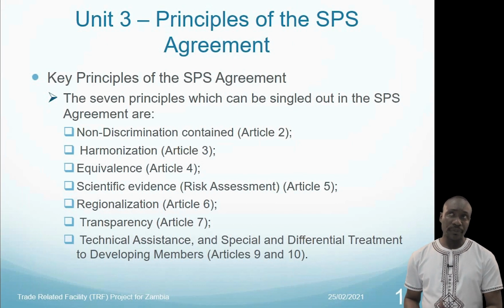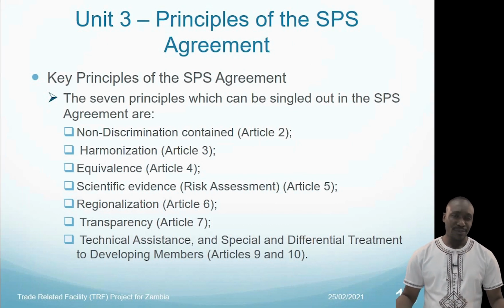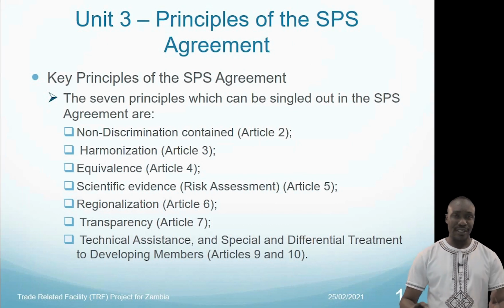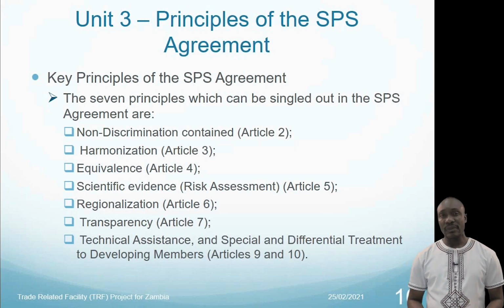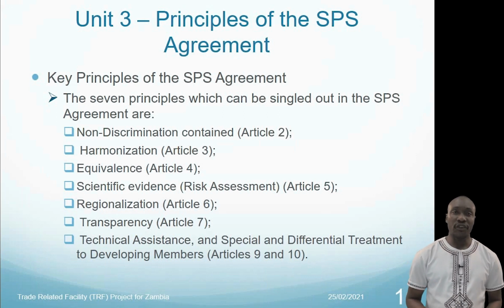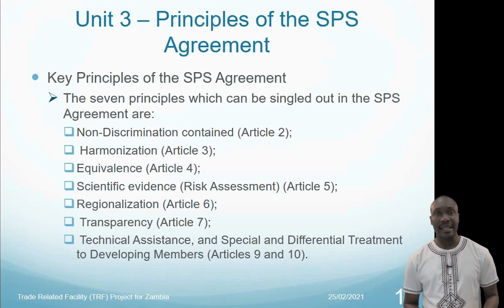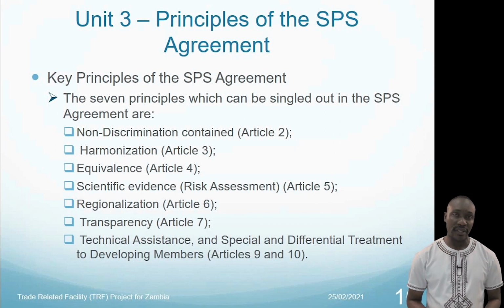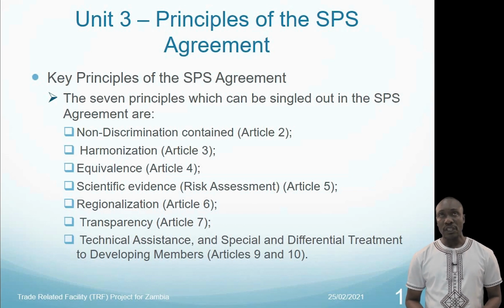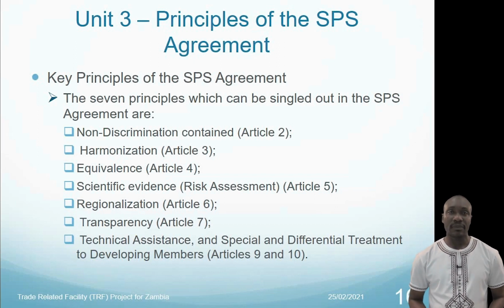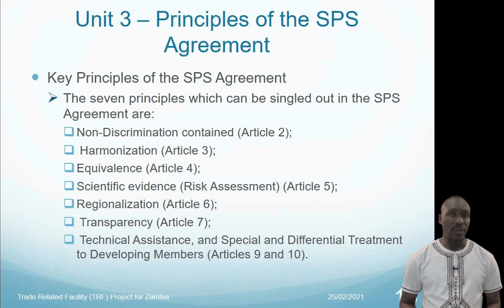There is no special justification for this highlight, but it's just meant to drive a point within this space of the training delivery period. It doesn't necessarily mean that the other articles are to be disregarded. They are all equally important, but for the purpose of this training, we have tried to spend a little bit more time on these.